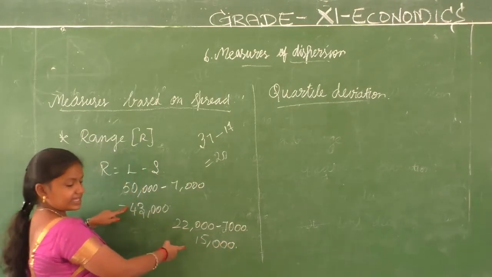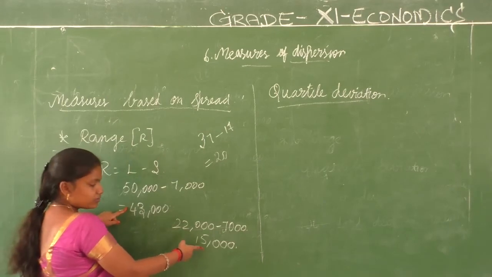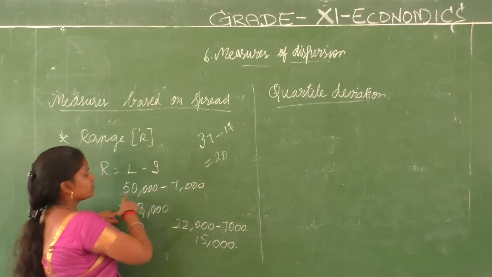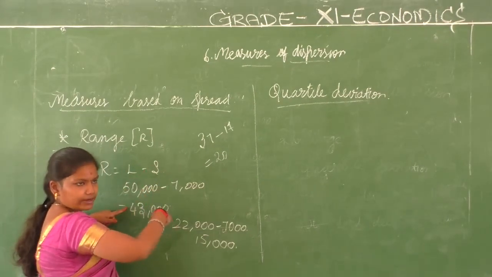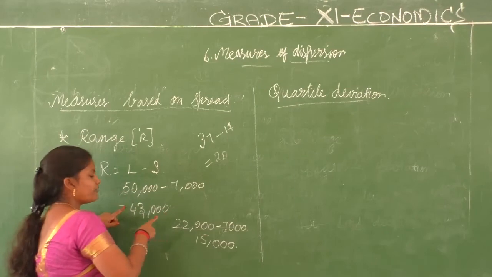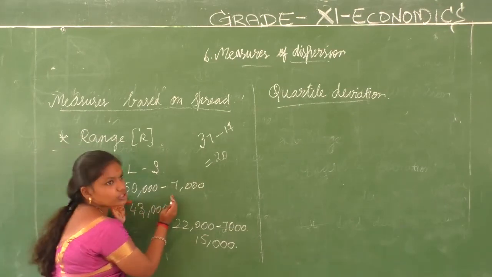See the difference in the range. We would have had a range of 15,000, but just because of one extreme value at the highest corner, we had a huge change in the range.